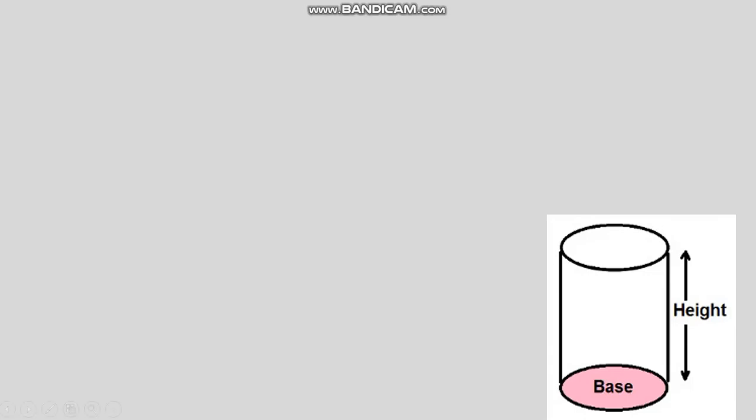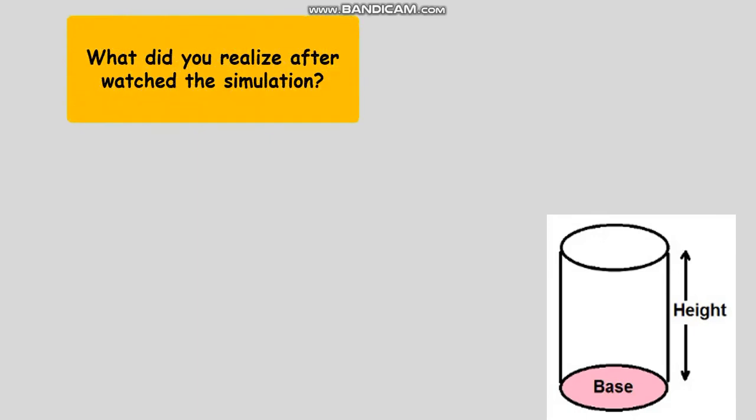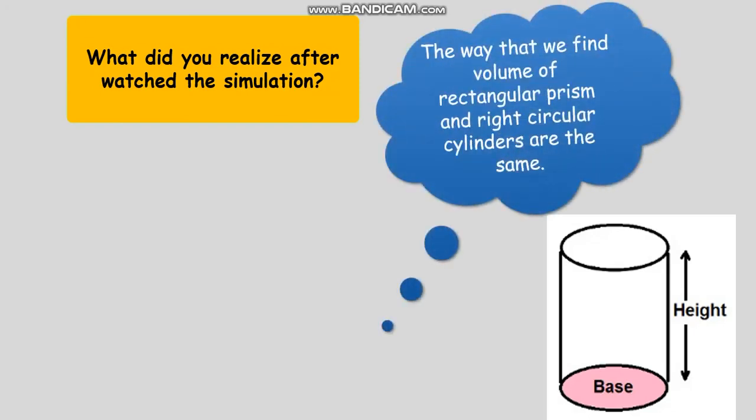Let's talk about the simulation. What did you realize after you watched the simulation? Yes, I think like that. After the simulation, I also realized that the way we find the volume of a rectangular prism and a right circular cylinder is the same.